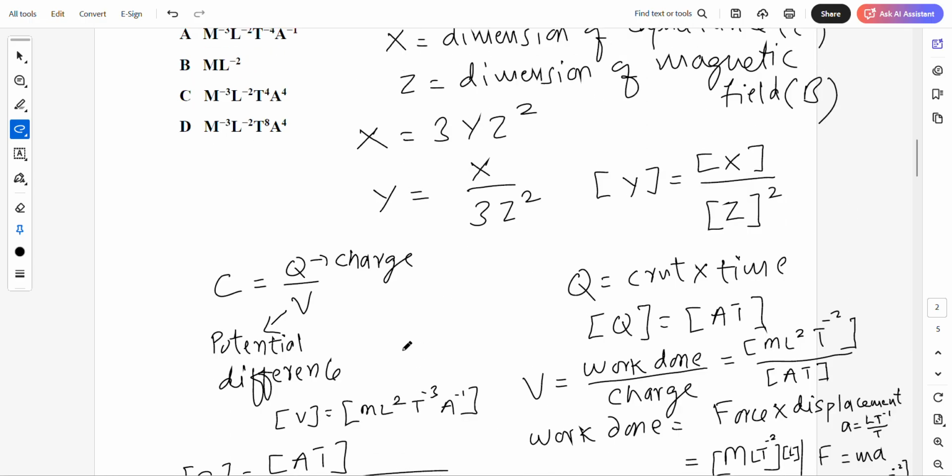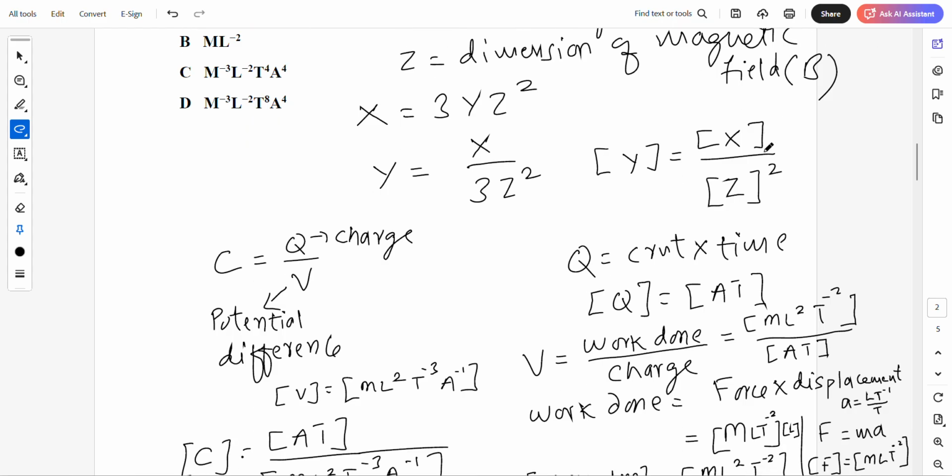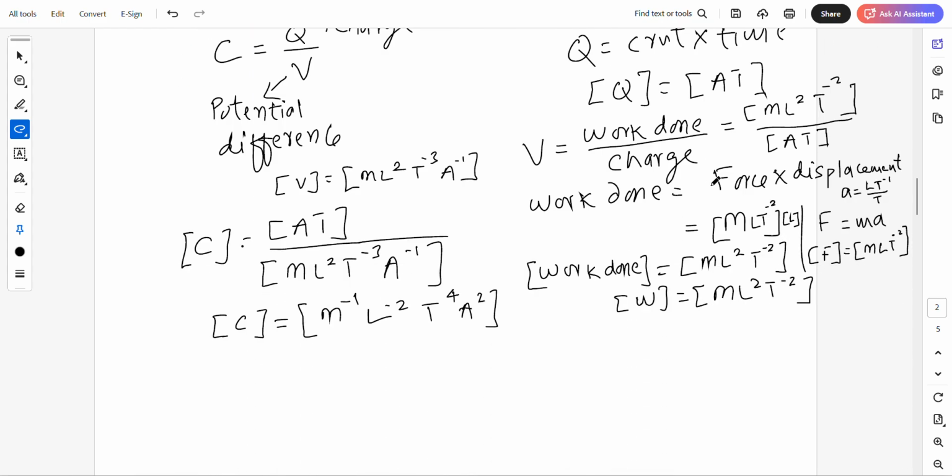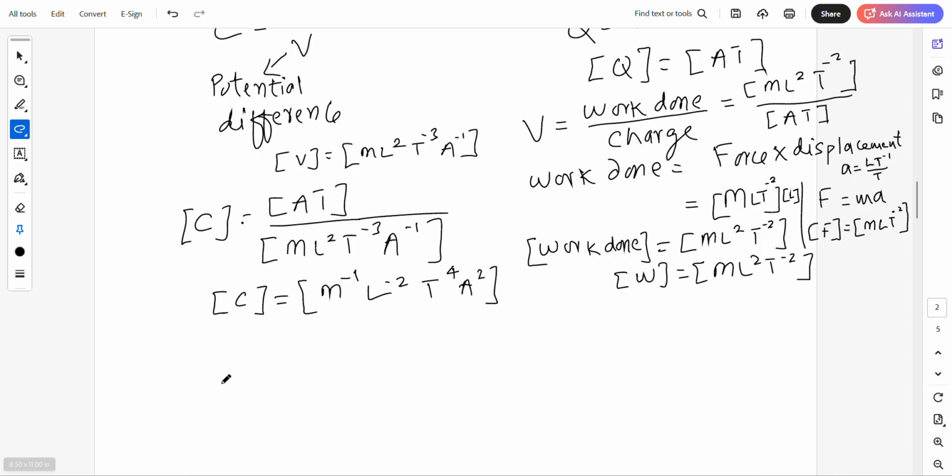Now we calculated the x. What is z, the dimension of magnetic field? How to calculate the dimension of magnetic field? Let us say we have an equation.